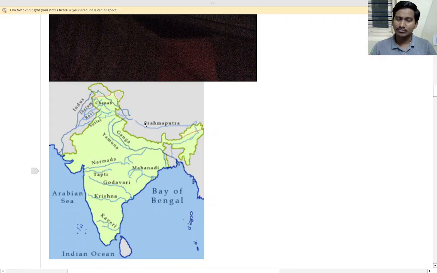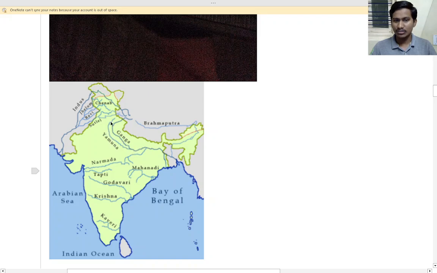And Brahmaputra mainly starts from Tibet and comes here, right? It flows through Tibet and comes to Assam. So this is the Ganga river, which originates in Tibet, right? So they merge.